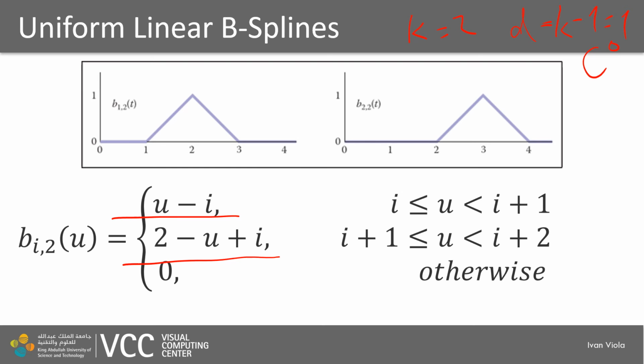There are two basis functions used for linear B-splines because there are 2 points contributing to the values of the linear B-spline.